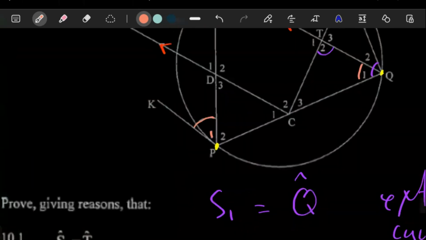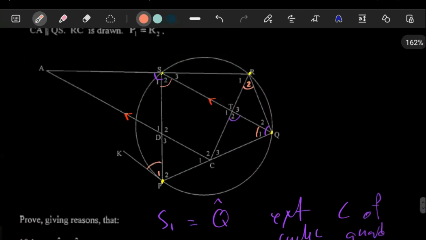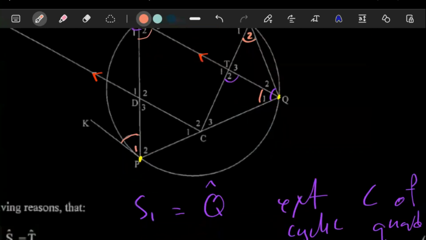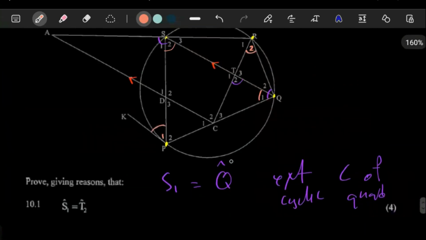So what can we do? It looks like we're going to need to use some combination of angles, because that's the only thing that seems like it's going to work now. So we say this is equal to that whole thing. Let's write it out like that: this is equal to Q1 plus Q2.